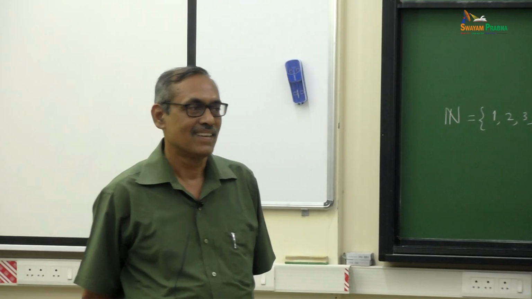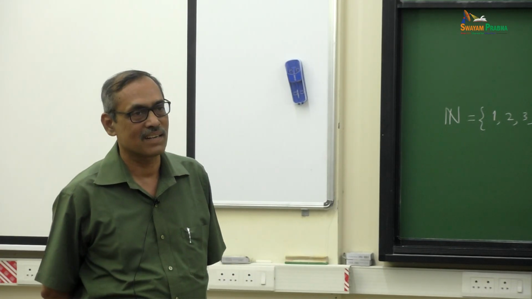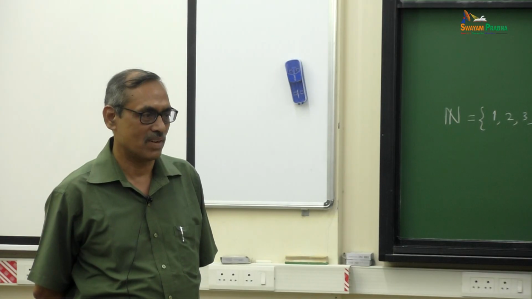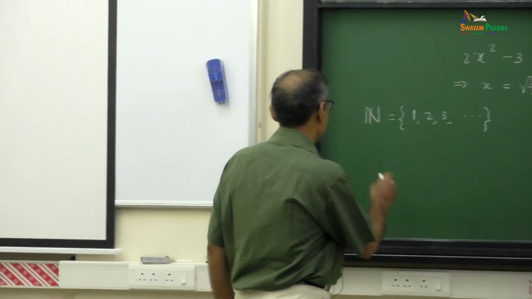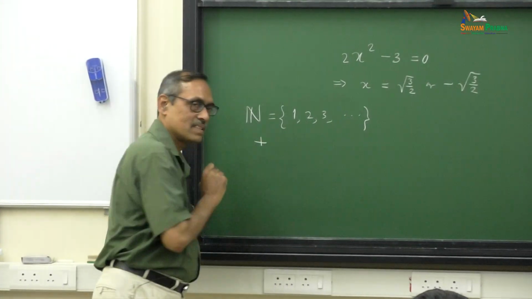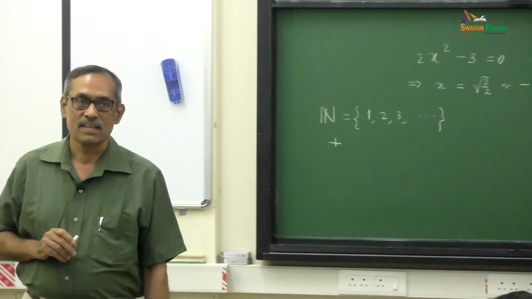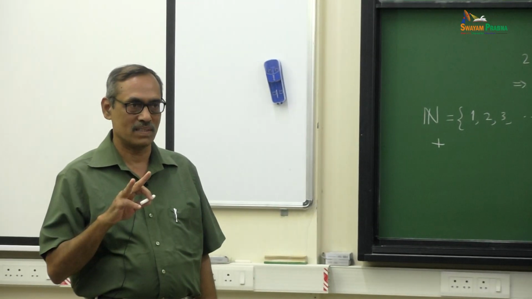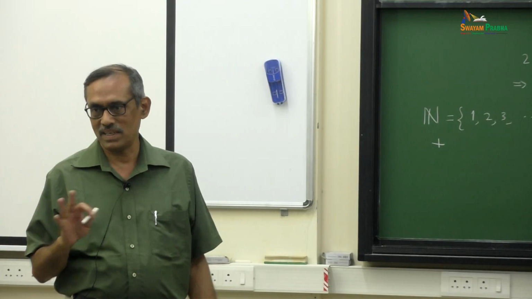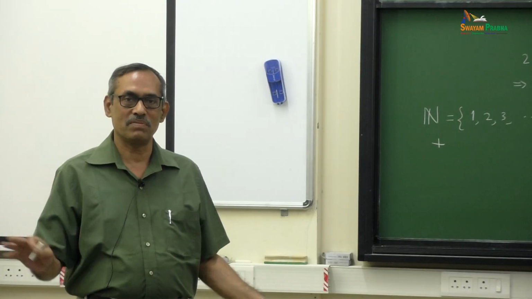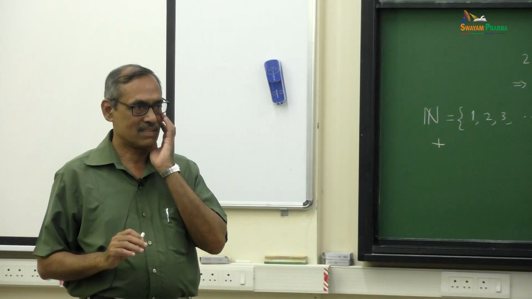Okay, in natural numbers, what is there? There is no division, but what other operations are there? Addition is there. So what does that mean? If you add any two natural numbers, you will get one natural number. That is what it means, right? Some way we have to define how this works.